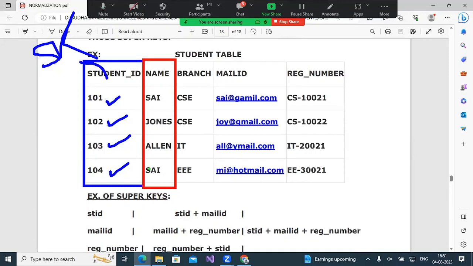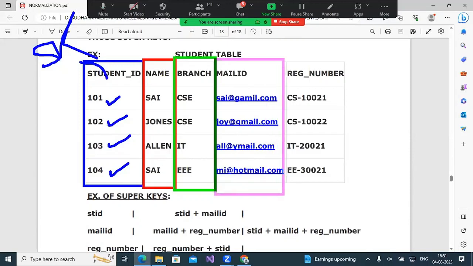Next, branch. Is branch a super key? No, because there is a chance that both students are in the same branch. So this is also not a super key. Next one, mail ID. Super key, because every student's mail ID is unique. Is your mail ID matching mine?